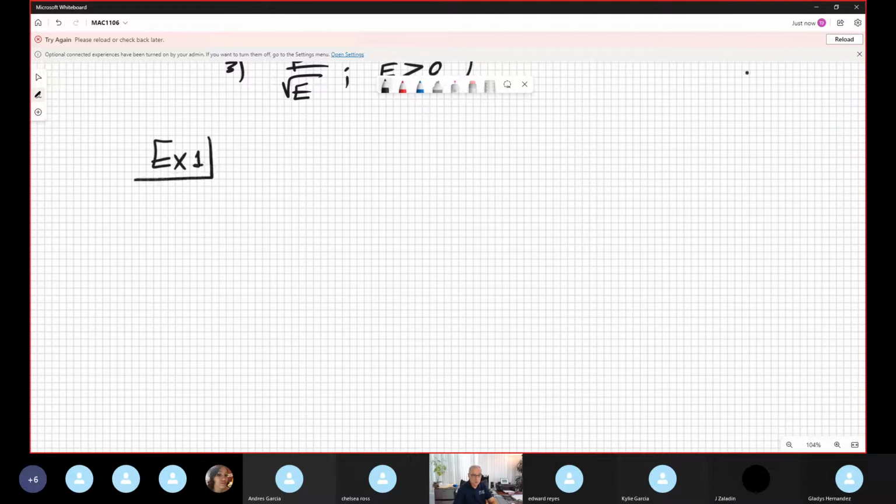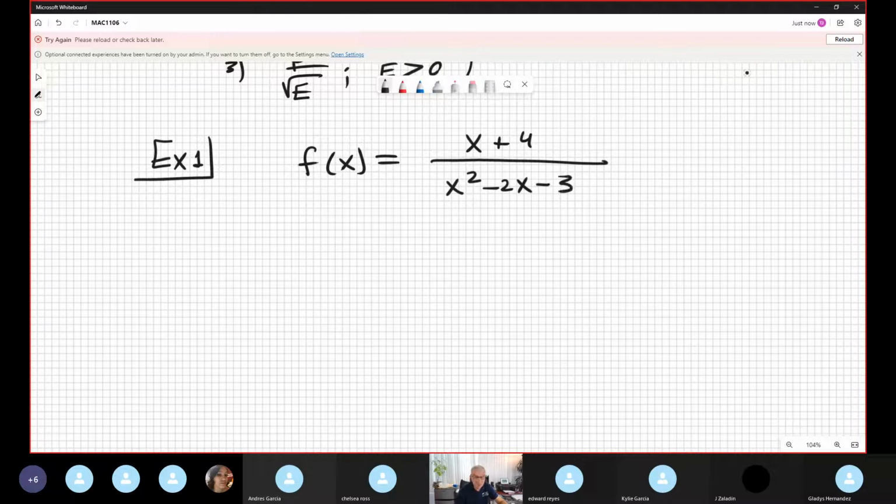Example one, sorry, I am crazy. Example one, suppose a rational function like that, f of x, using function notation, x plus 4 divided by x squared minus 2x minus 3. Okay, this is similar to restriction number one.